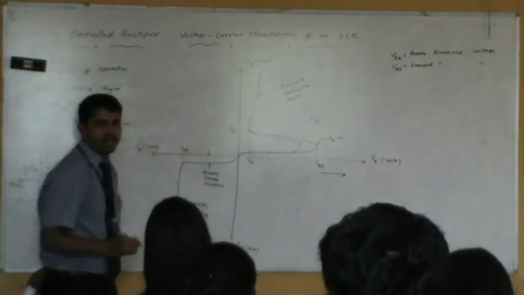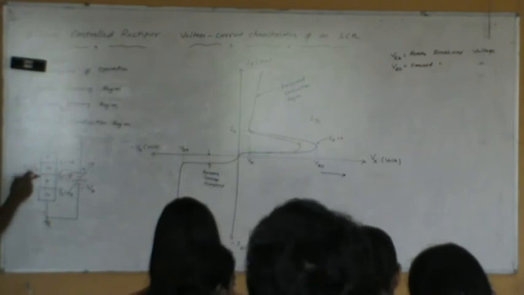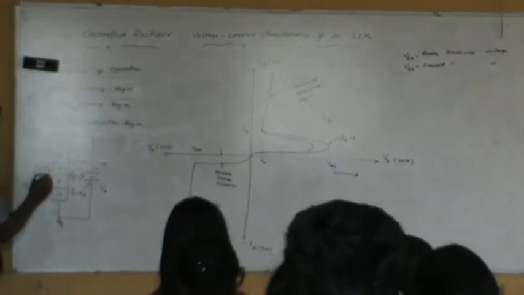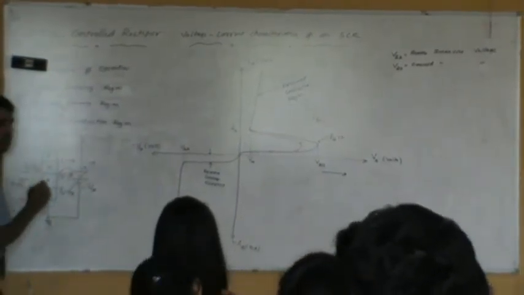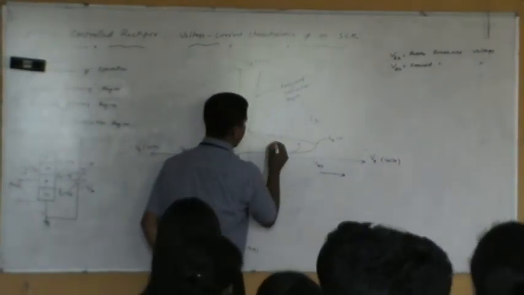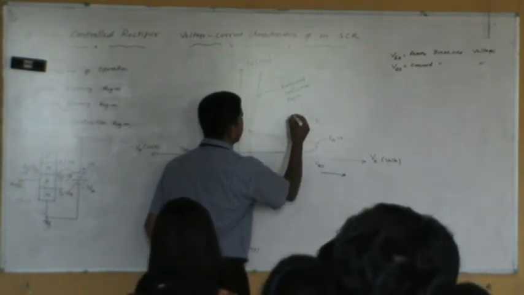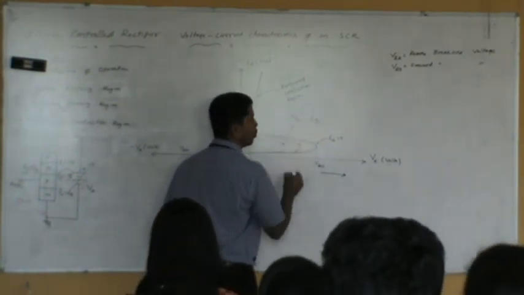Ig1 is less. Suppose I increase the gate voltage, and let me say this is Ig2, where Ig2 is greater than Ig1. What will happen now? You can see the curve will be almost like this. This is for Ig2.